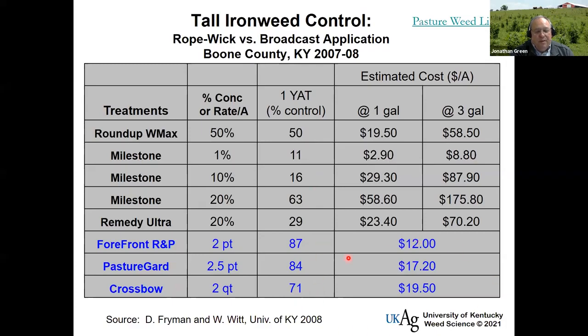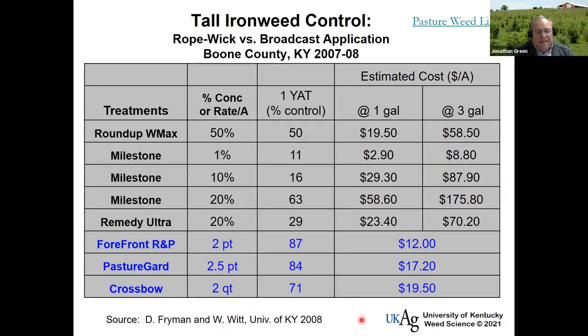Now, these numbers are pretty variable, so it's kind of hard to visualize that. This may be the actual cost of a broadcast treatment on a per acre basis. It's hard to calculate exactly how much it costs to use these rope wicks or these wipers, but keep in mind, if you just mix up 3 gallons, depending on how far you can go with that, it still could be a pricey treatment if you have a thick stand of some of those weeds you're trying to wipe.